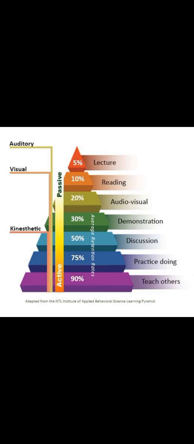The next method is demonstration. It is an important part. Demonstration typically refers to showing students activities or projects in the course curriculum. According to the learning pyramid model, demonstration lets students retain 30% of the information they observe.